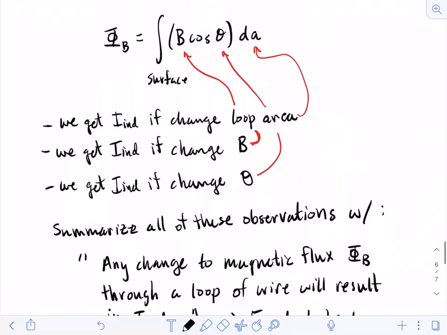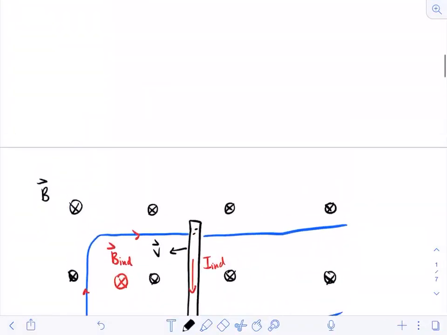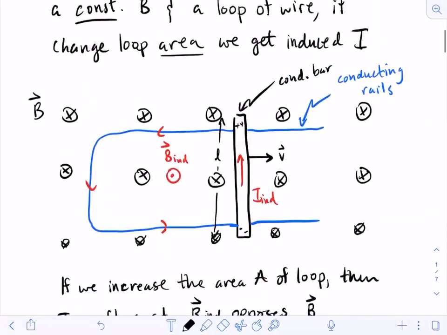Okay, we can think about this more carefully. Let's go all the way back and look at the first example. In this first example, we're moving our bar to the right. That increases the area of our loop. The magnetic flux is B cos theta times an area. So if we increase the area, we increase the flux.